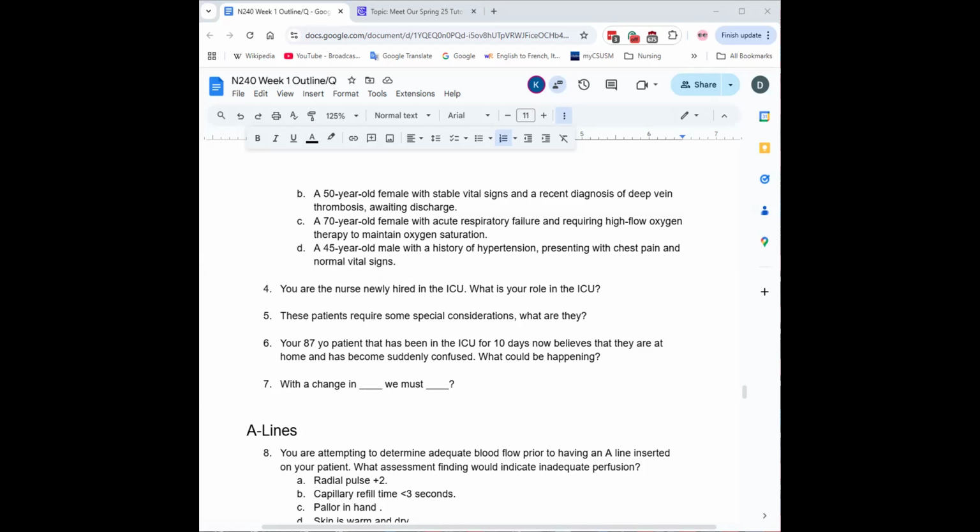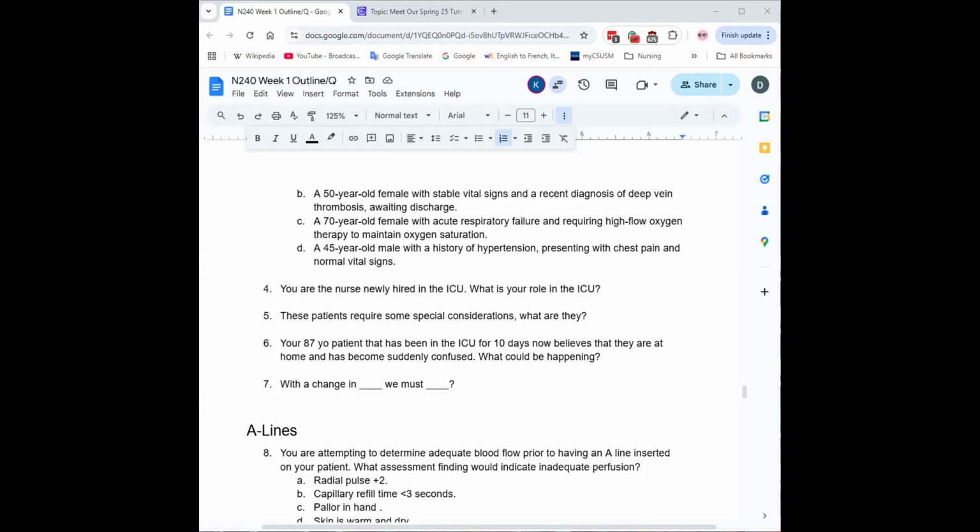Always have your suction there, your tubing, and make sure that the suction is actually functional, because I found that out the hard way when we didn't check the suction. We had this poor lady attached to a Pure Wick and the suction was not working. It didn't go down well.